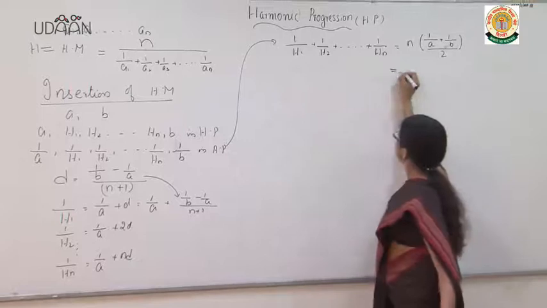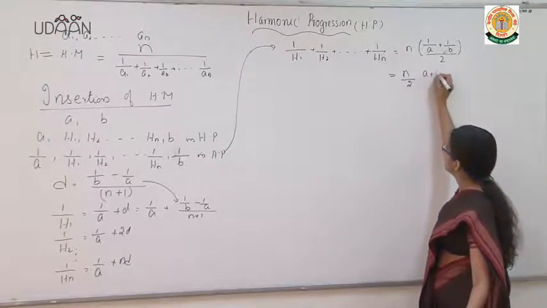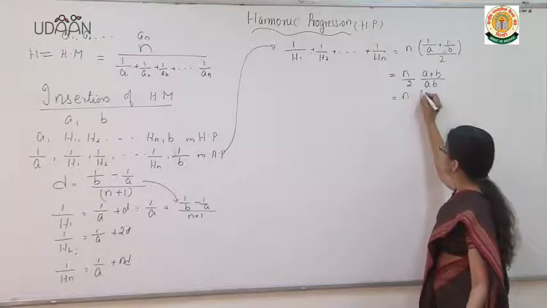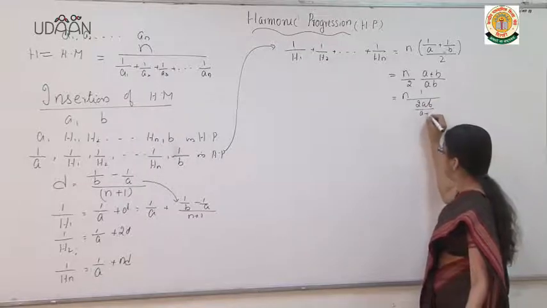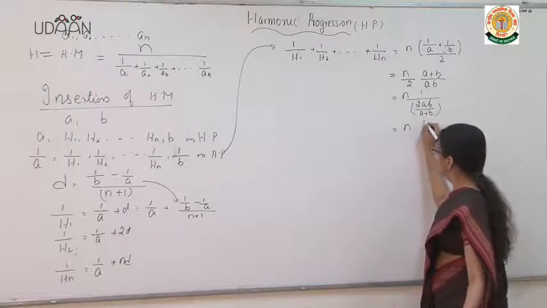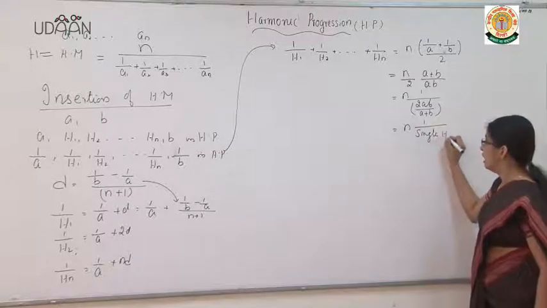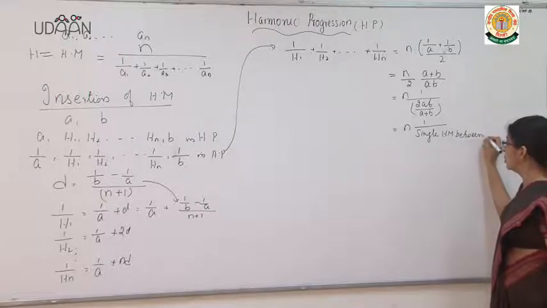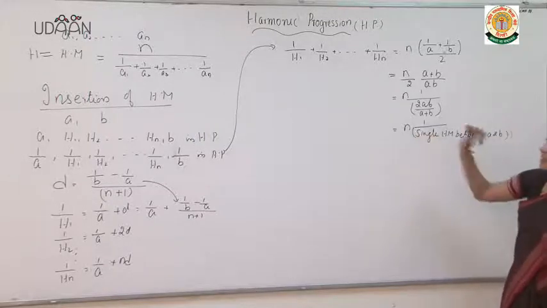We can simplify it like this: n by 2 into (A plus B) divided by AB, or n times 1 divided by 2AB divided by A plus B, or n times 1 by the single harmonic mean between A and B. So what's the result?